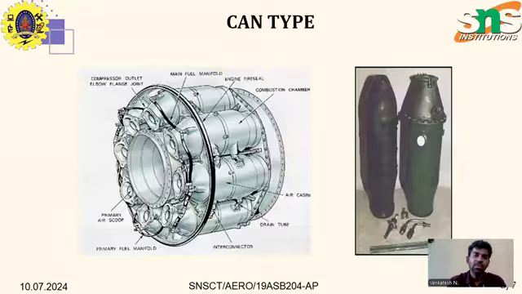The components of the can type are the primary fuel manifold section, primary air scoop section, compressor outlet elbow engine joint section, main fuel manifold section, engine fire seal section, combustion chamber section, air casing section, drain tube section, and the interconnection section. This is an overview of the can type.